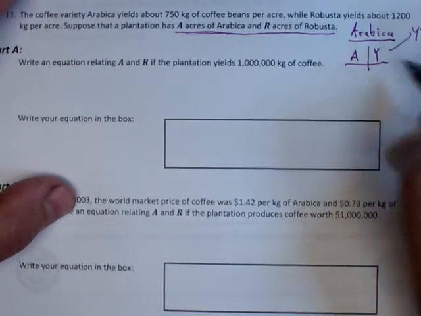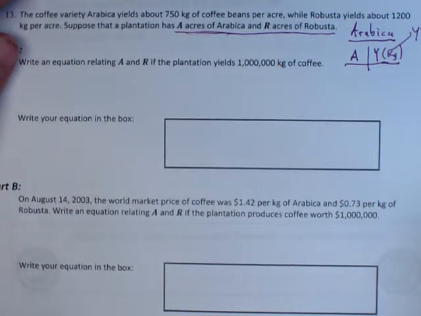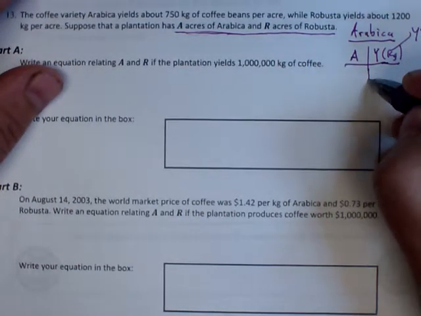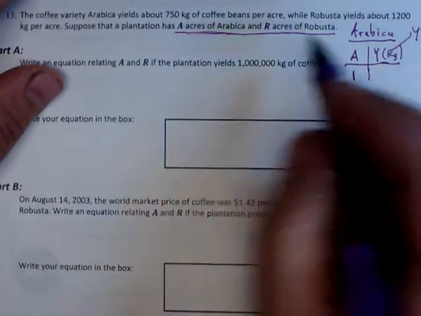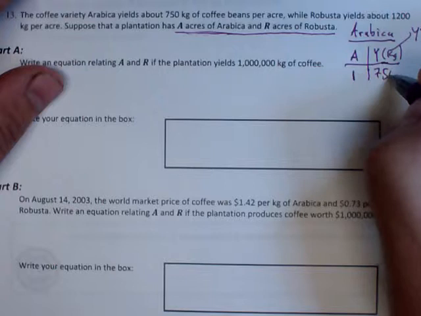This is going to be in kilograms. How many kilograms of coffee it yields, or they're able to grow. So if it was 1 acre, they're telling us it would be 750 kilograms.